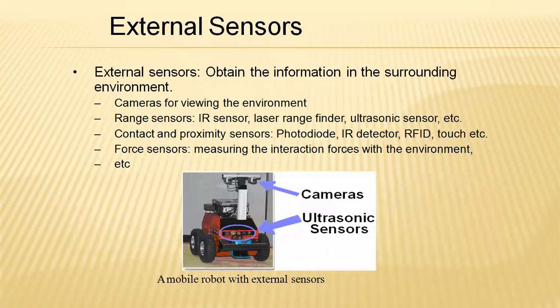Second classification is the external sensors. External sensors have the capability of not only detecting the factors within the robot, but they can also detect the surrounding areas and give feedback, so the conditions existing in and around the robot can be identified very clearly.